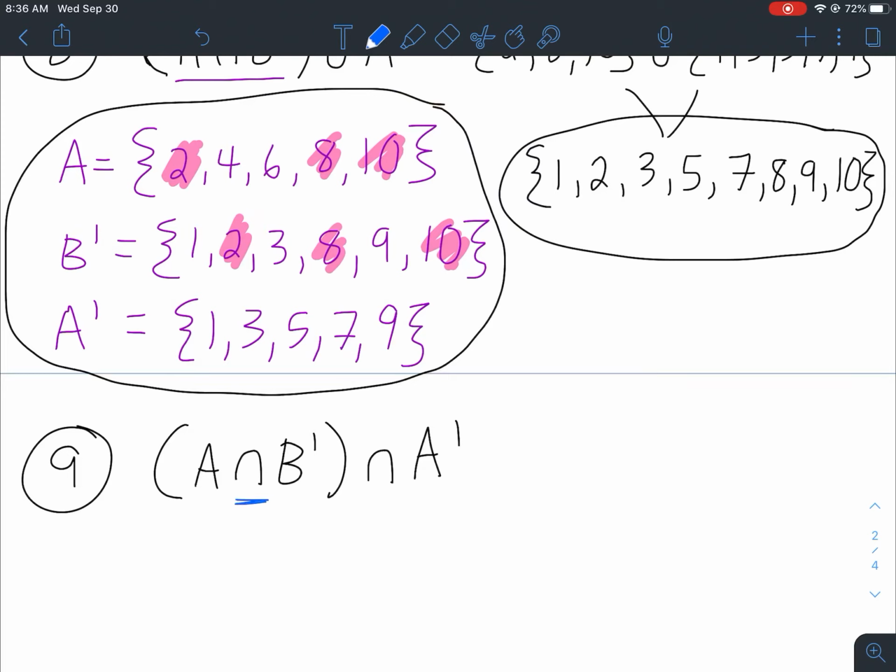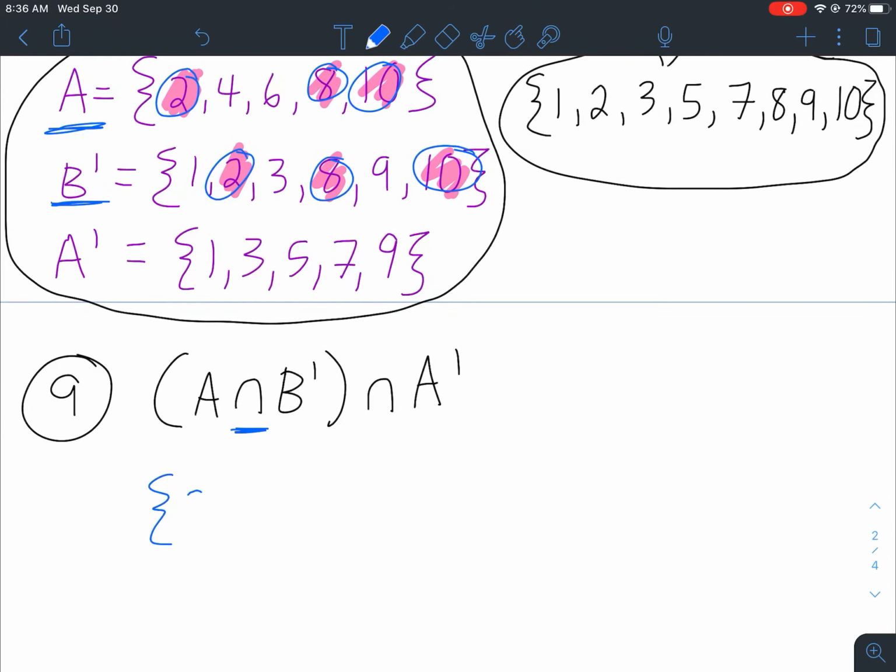But what we're trying to do is find the intersection between A and B complement, which means what do those two have in common? So if we look at A and B complement, what do they have in common? They both have a 2, they both have an 8, and they both have a 10. So we'd have 2, 8, and 10 in our set.